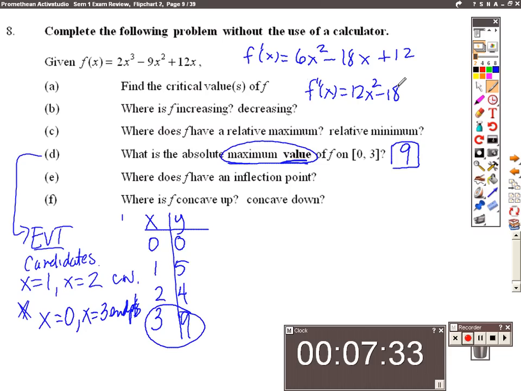I'm going to set the second derivative equal to 0, and I'll get 12x squared equal to 18. So x squared is equal to 18 over 12, which is 3 over 2 if I divide by 6. So x is equal to plus or minus the square root of 3 over 2.